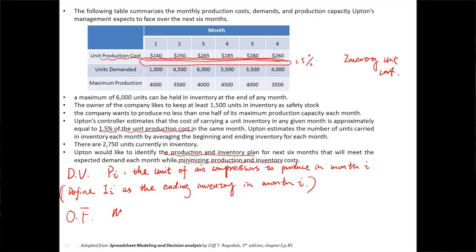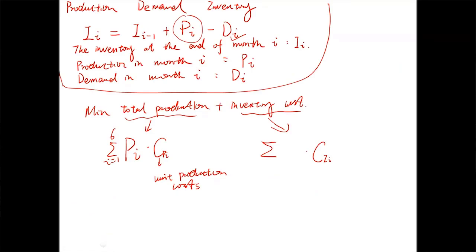Then where do we find this average inventory? Since we defined I as the ending inventory, and in this note we already used the ending inventory and the beginning inventory, here would be the beginning inventory of that month plus the ending inventory of that month.